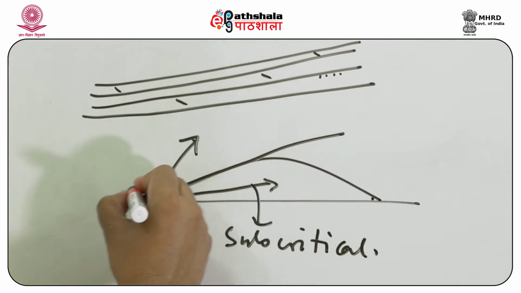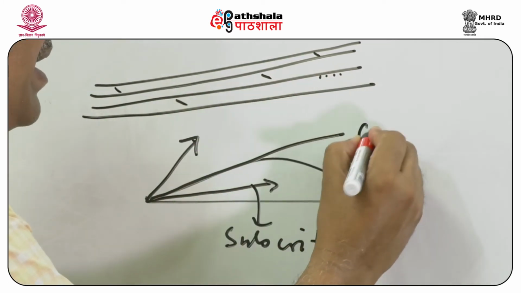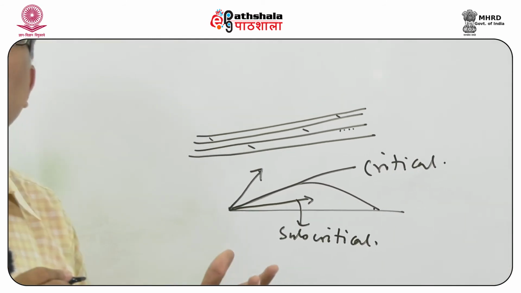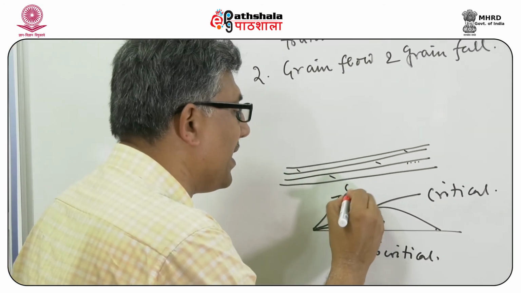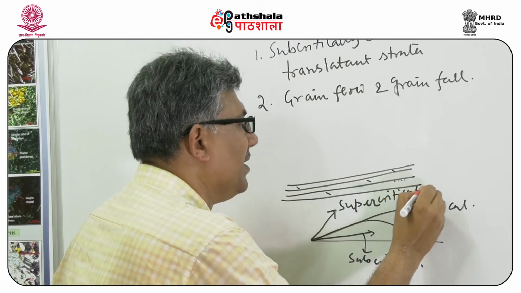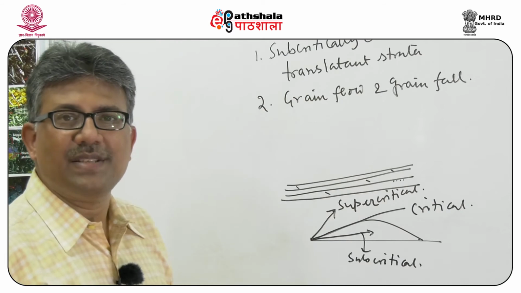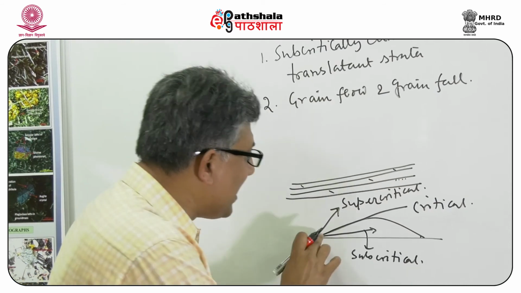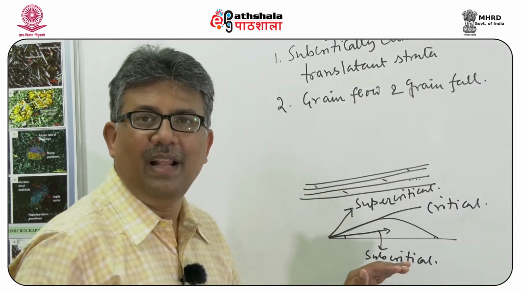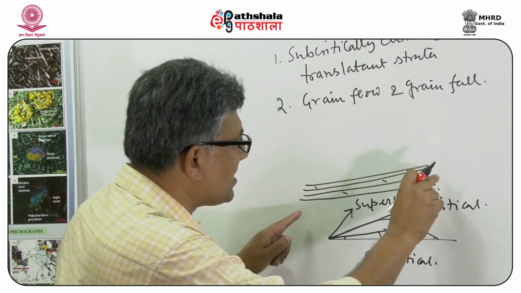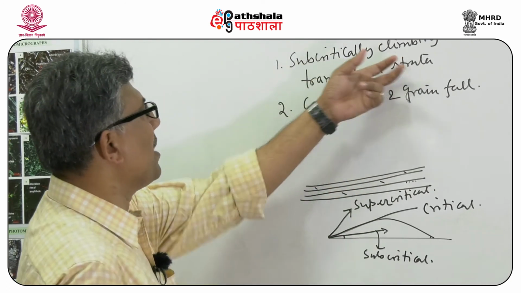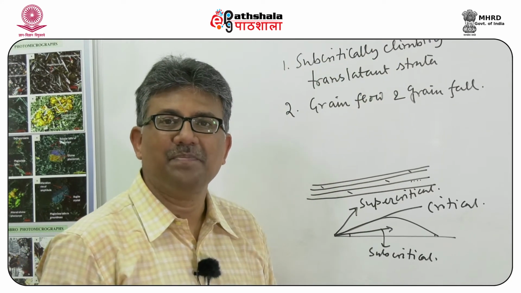When the climbing is along the Stoss angle, you call it critical climbing, and when the climbing is more than the Stoss angle, then you call it supercritical climbing. In the case of the Aeolian system, what we get is climbing at a very low angle, that is less than the Stoss angle, and that is why you get a very low gradient strata, which we call the subcritically climbing translatant strata.